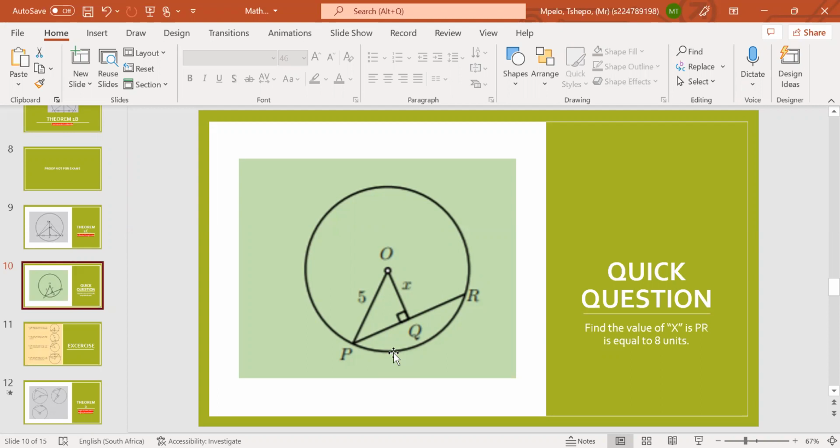Okay, 5 squared is 25 minus 4 squared, 16. 25 minus 16 is 9. And then, the square root of which is 3. So the answer was 3.